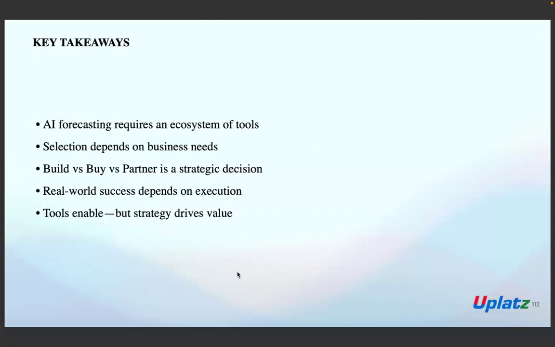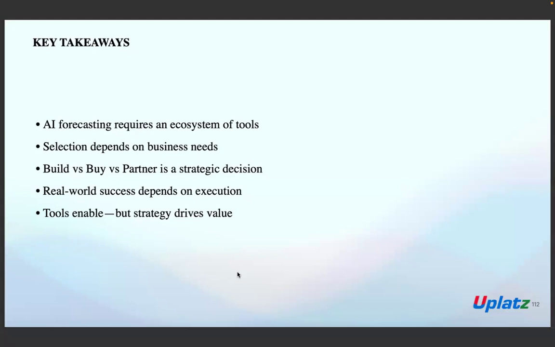With this, we come to the end of this module 9. Let us rewind and see what are the key takeaways of this module. The first is AI forecasting requires an ecosystem of tools. Selection depends upon the business needs.